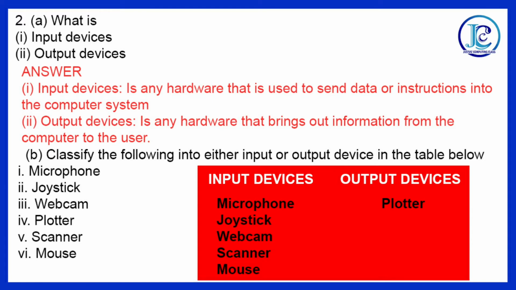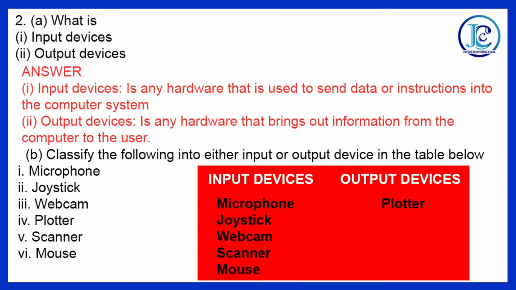So we have microphone as an input device, joystick as an input device, webcam as an input device, scanner as an input device, then plotter is an output device. So we have only one output device, which is plotter. So I want you to pay attention to this.